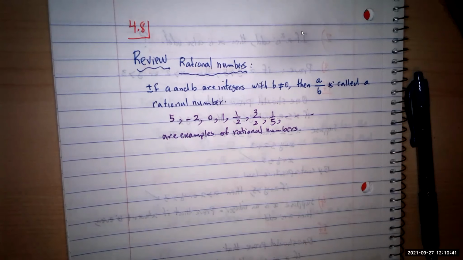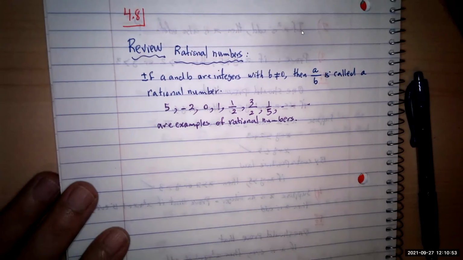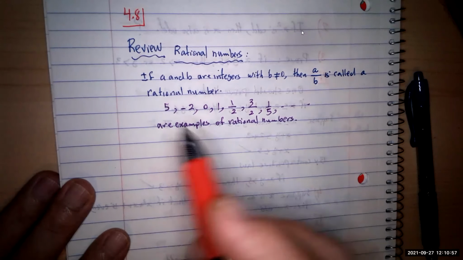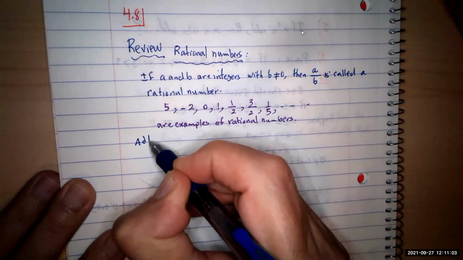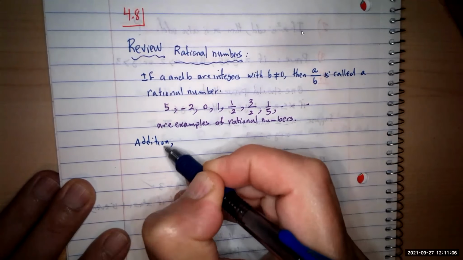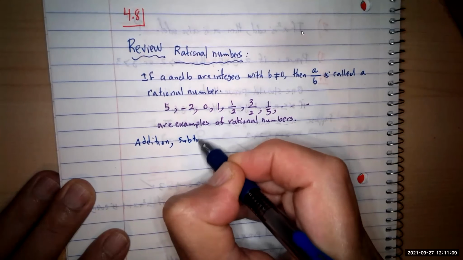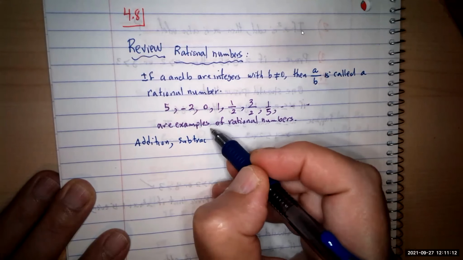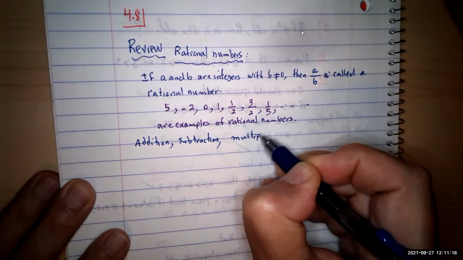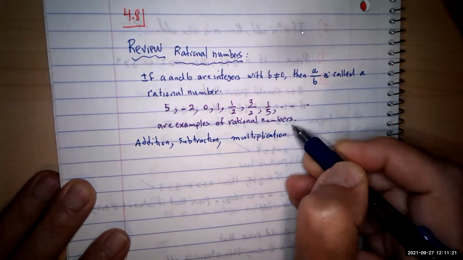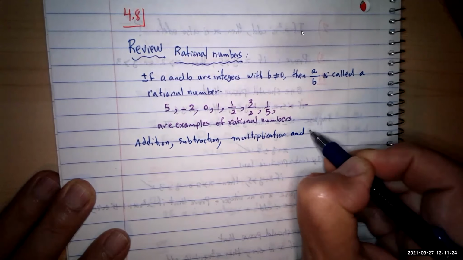This means the sum of two rational numbers is a rational number, the difference is a rational number, the product is a rational number, and the division could be a rational number. So freely you can use all of them.